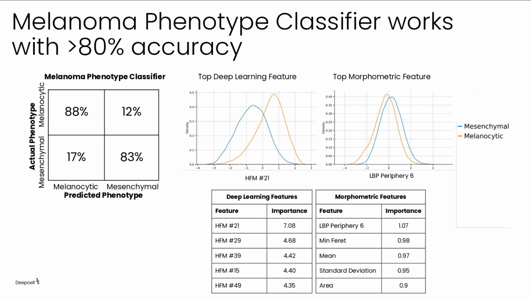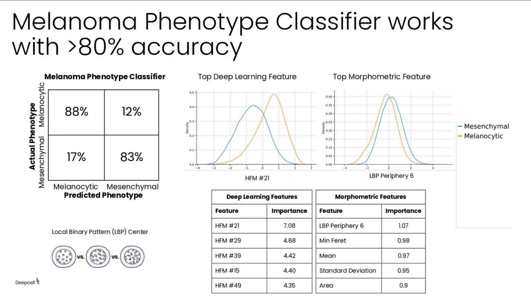And so we wanted to know which features are responsible for this outcome. We distinguished between the deep learning features as well as the morphometric features. You can see in these graphs that the deep learning features are better in distinguishing these two phenotypes. For the morphometric features, if we look at the ones that are performing the best, we see LBP periphery 6.